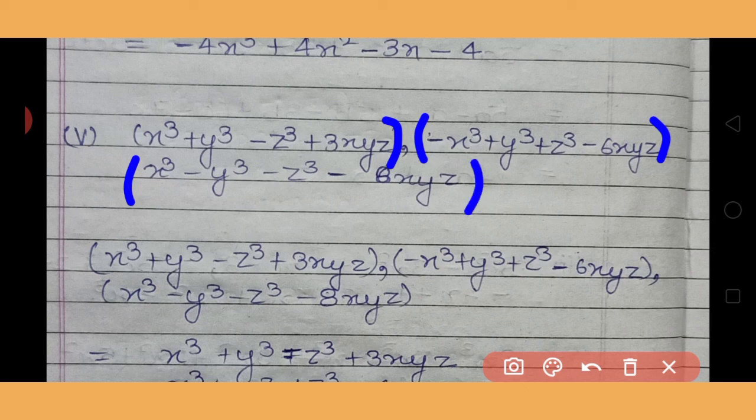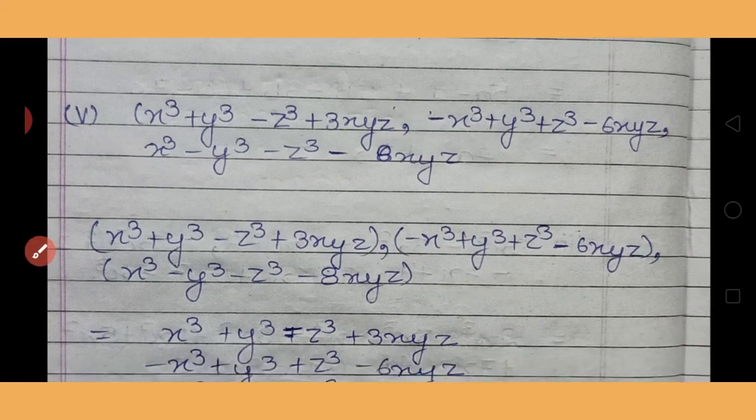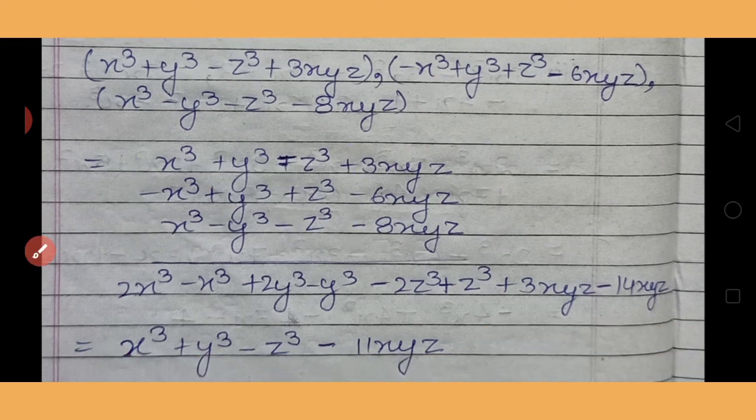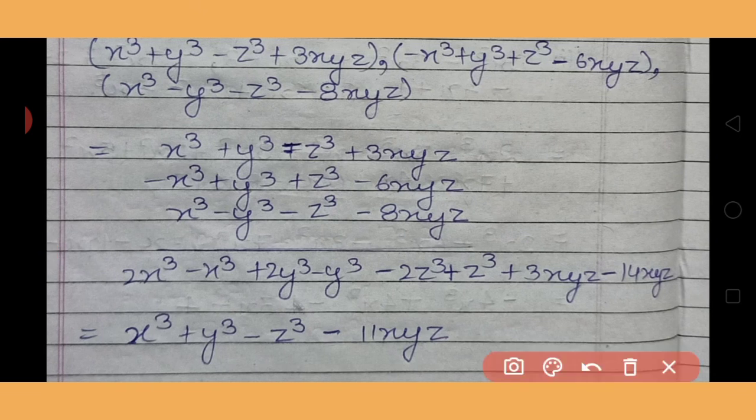Firstly, we have to write the terms in a group, as I have written in the second step, and in the third step we will write down the like algebraic expressions. As you can see, I have written the like algebraic terms here. Now next we will add whatever numbers are addable and subtract the rest. Here these two numbers are positive, so these two will add.